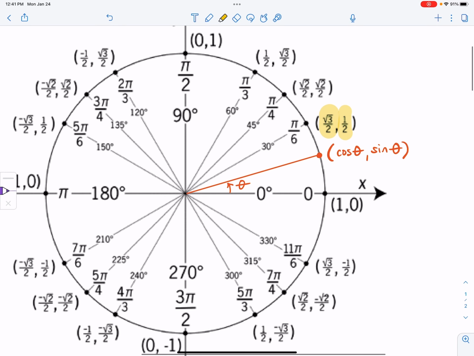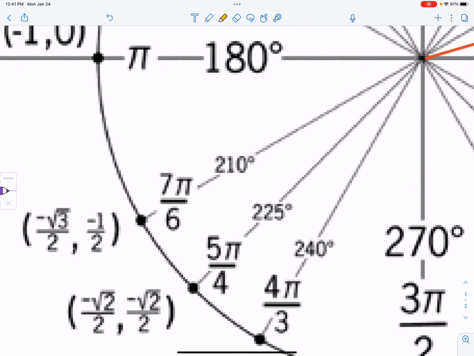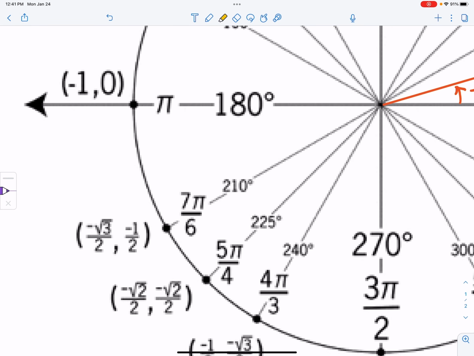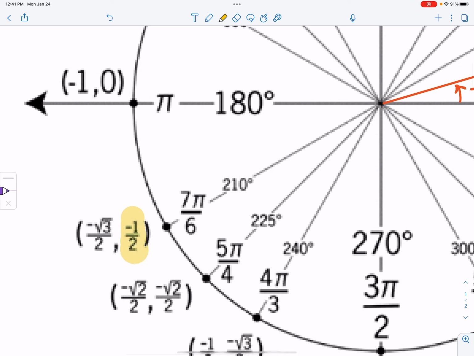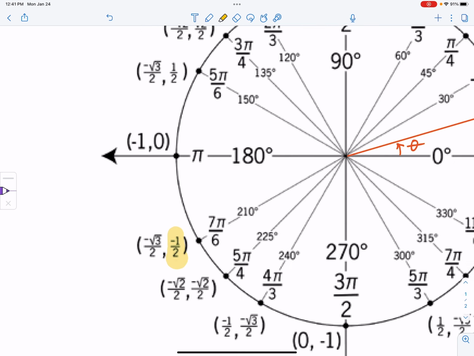And that's true for any angle that lies on the unit circle. So if you wanted to determine sine of 210 degrees, you would go to the 210 degrees and then look at the y-coordinate there. So sine of 210 degrees would be equal to negative 1/2. And it works for radians as well.